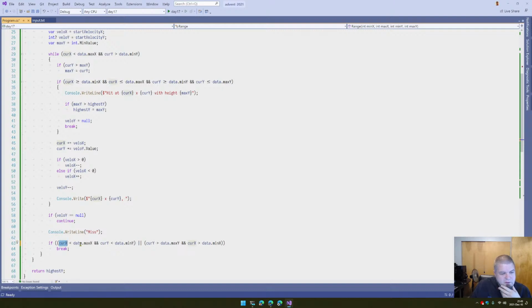So if you undershoot on the x side and overshoot on the y side, or you overshoot on the y side and undershoot on the x side.